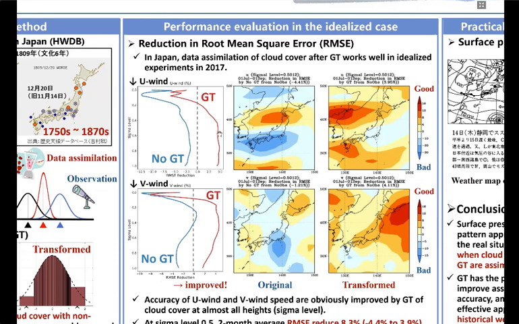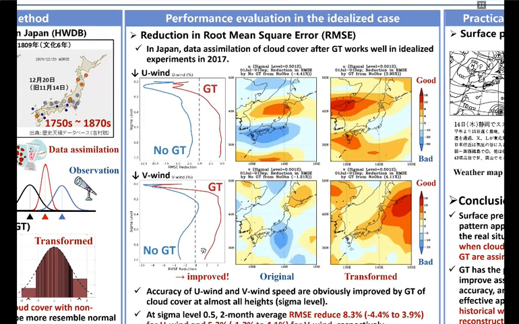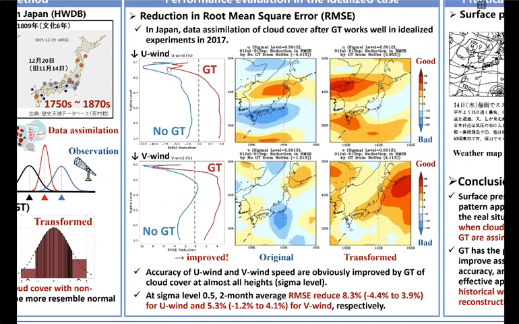Blue line and red line indicate no GT and GT respectively. Zero values mean no observations are assimilated, and positive values mean the accuracy is improved. So we can say that the accuracy of U wind speed and V wind speed are both obviously improved by GT of cloud cover at almost all heights.